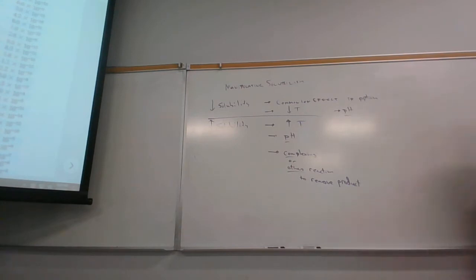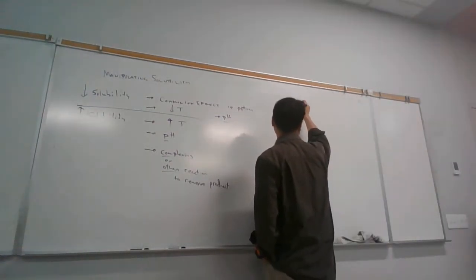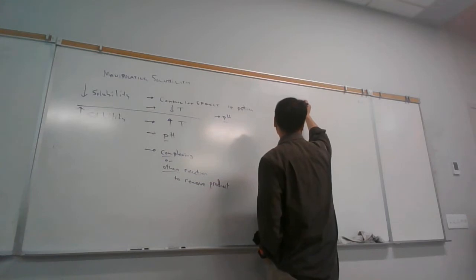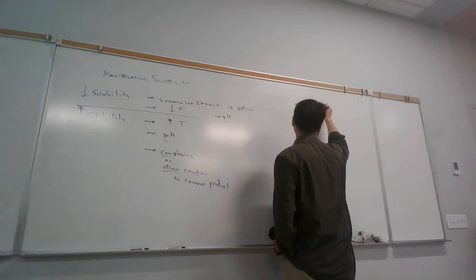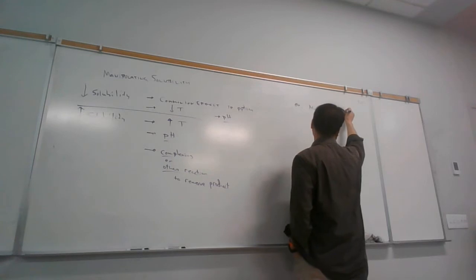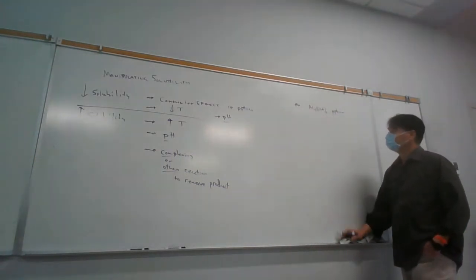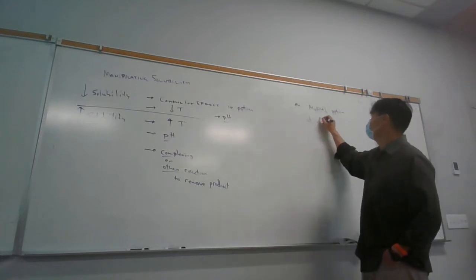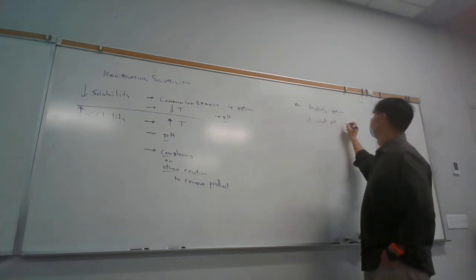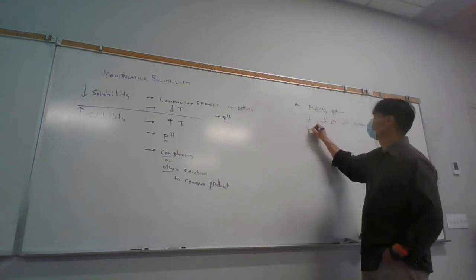So pH for some reactions is pretty simple, like magnesium hydroxide. Let's do an example here. The question would be, at what pH will 0.100 molar magnesium ions precipitate?